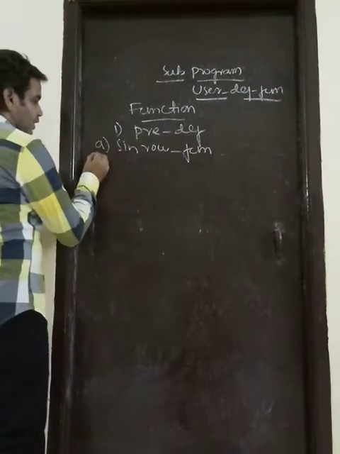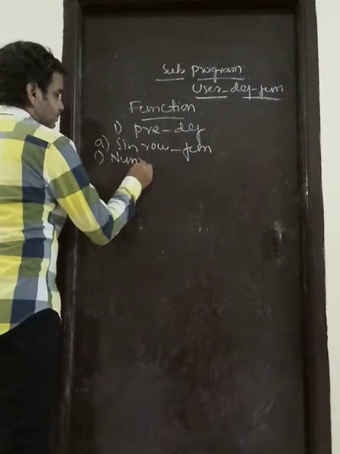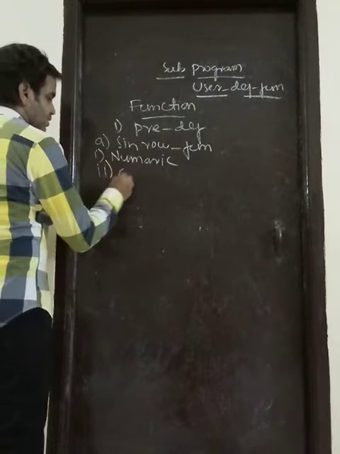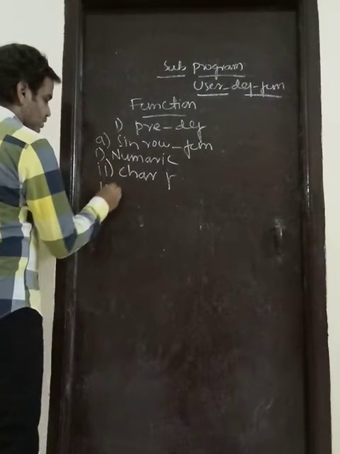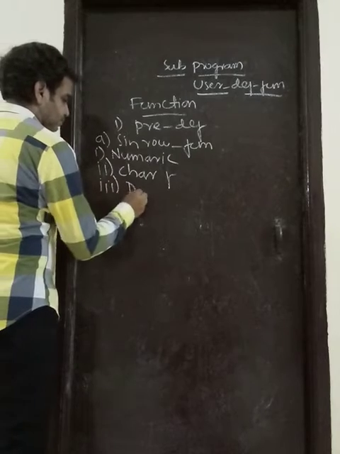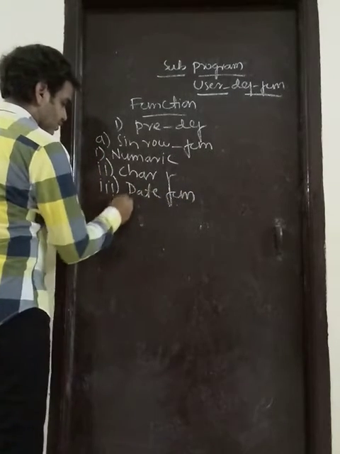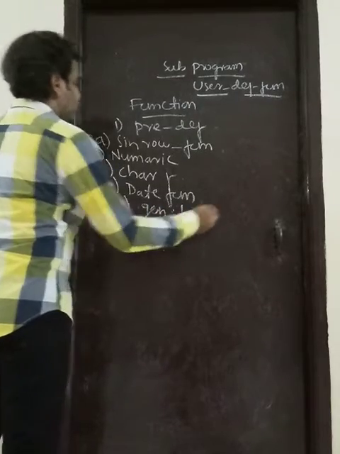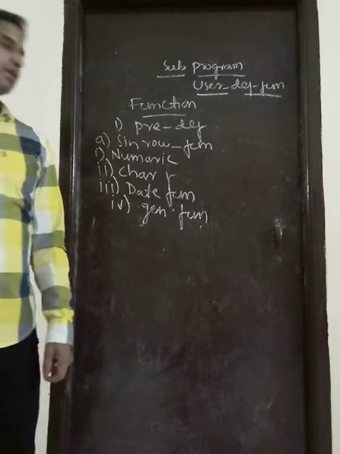Single row functions are classified into some types: numeric functions, second one is character functions, third one is date functions, and fourth one is general functions. So these are the four types of single row functions which belong to predefined.